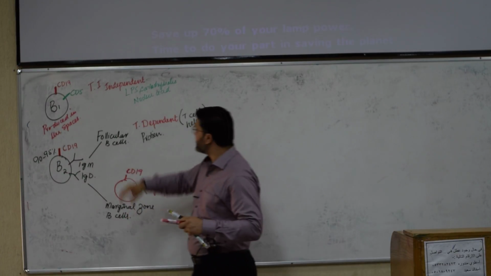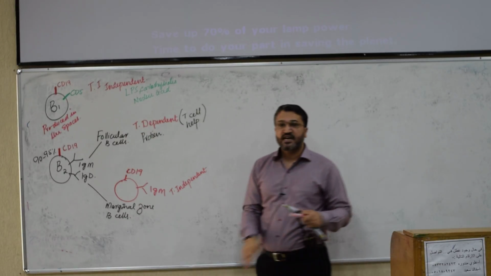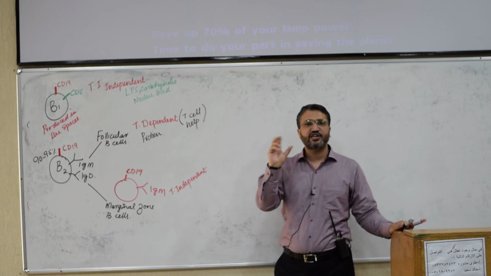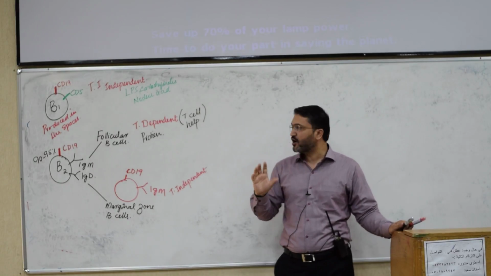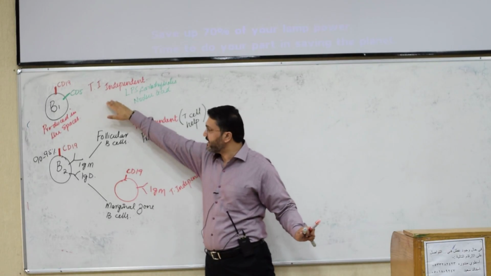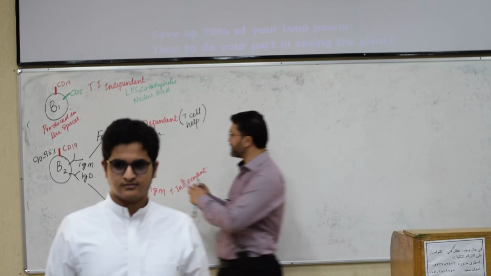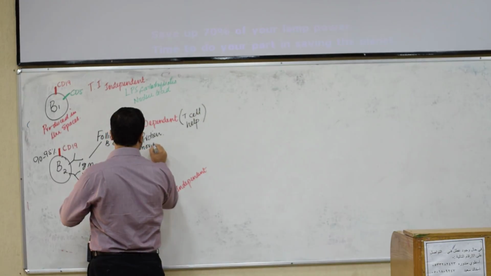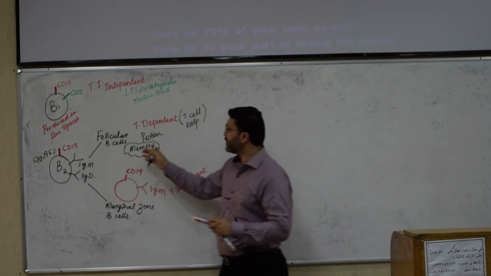Then another thing is, the marginal zone and B1 cells do not have memory. The plasma cells have a very short half-life, and the antibodies will also not stay too long. So there is no memory here. Memory is just in T-dependent responses, a characteristic of the main group, follicular B cells.